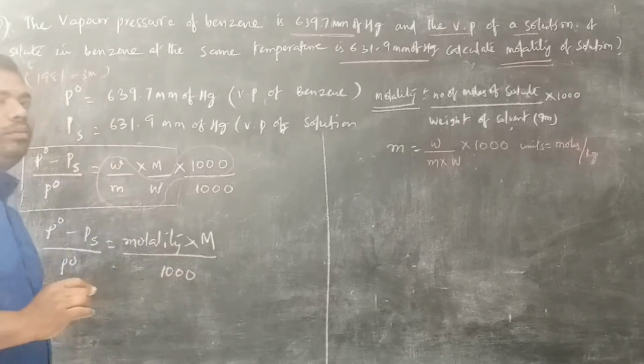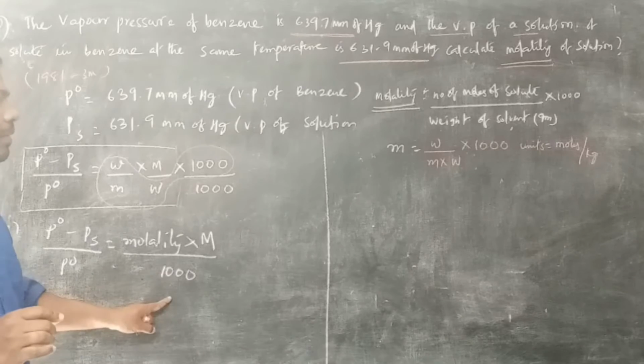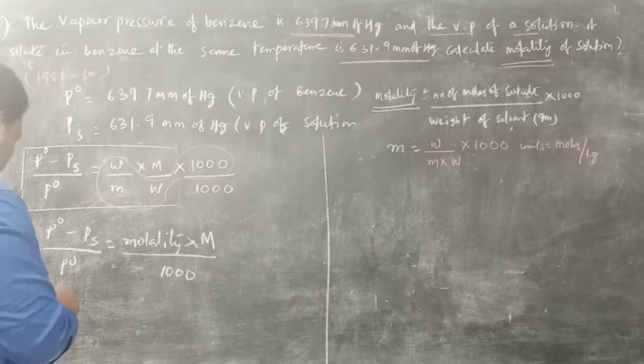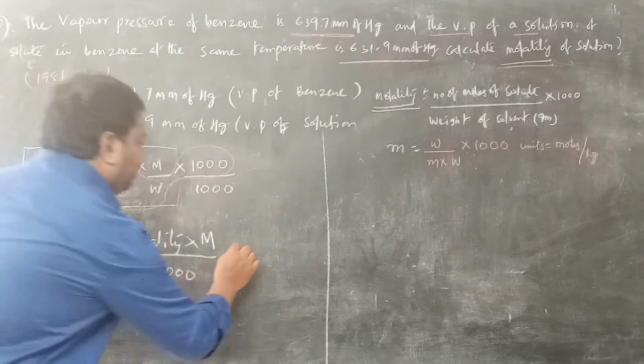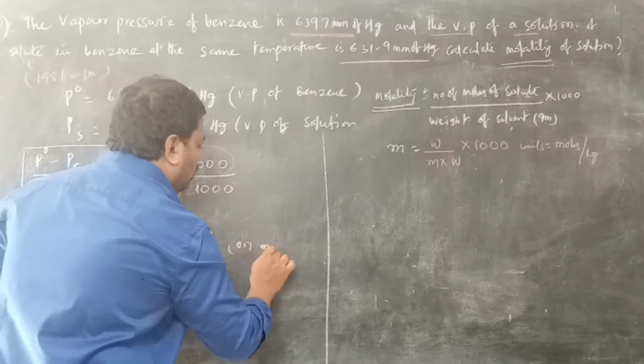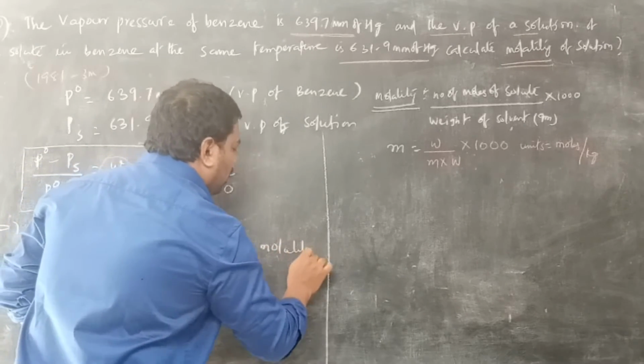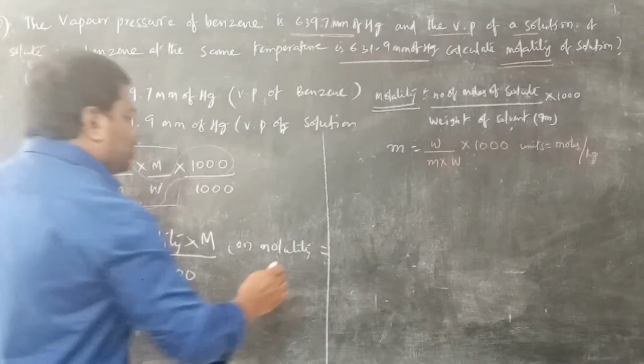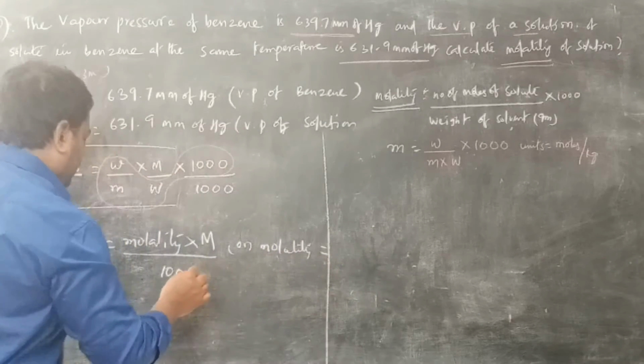So this gives the formula for molality, where the 1000 moves to the other side.